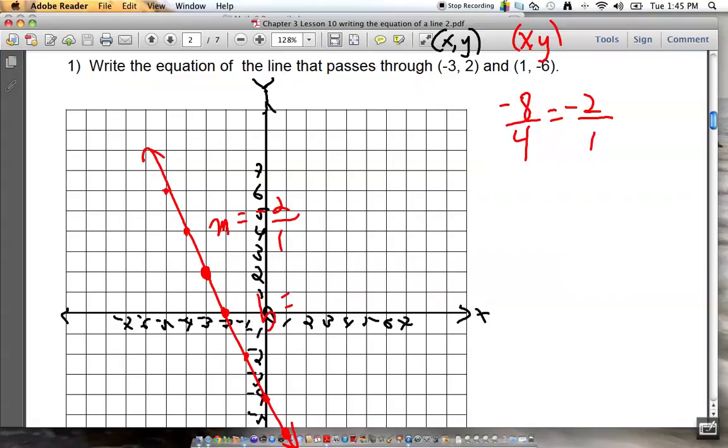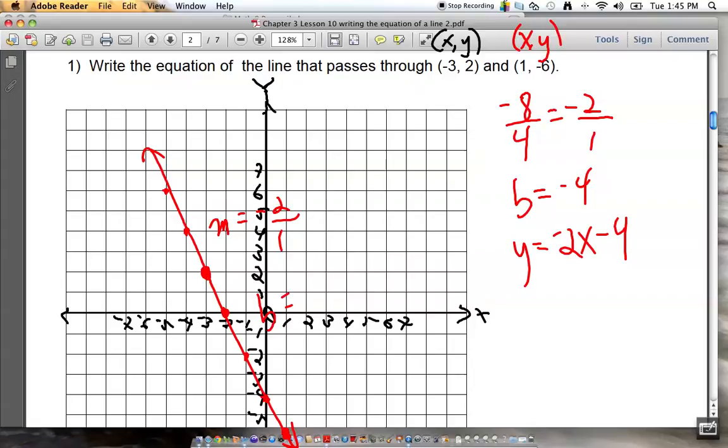Now it is the y-intercept. That's the y-intercept right there. What number is that right where it crossed? Yeah, 4. Bad handwriting. No, you're right, I understand. So this means that the y-intercept is -4, and the answer is y equals 2x minus 4. Okay? All right, any question about that line?